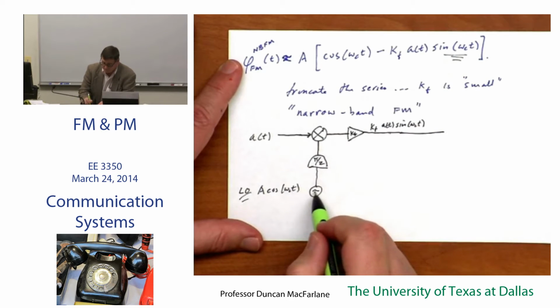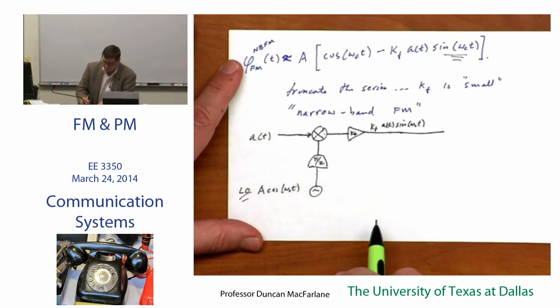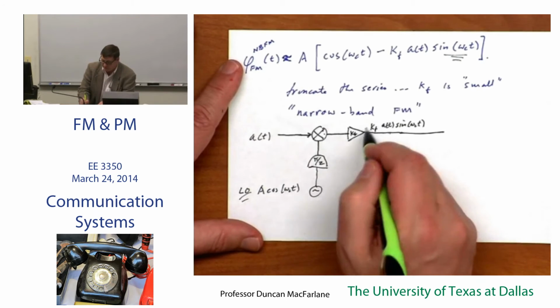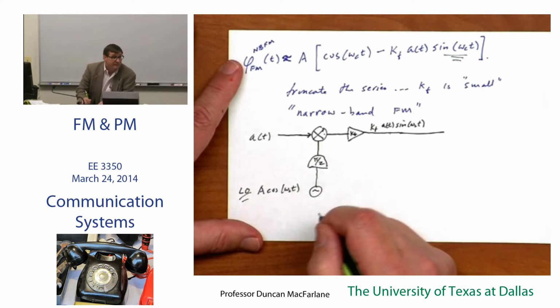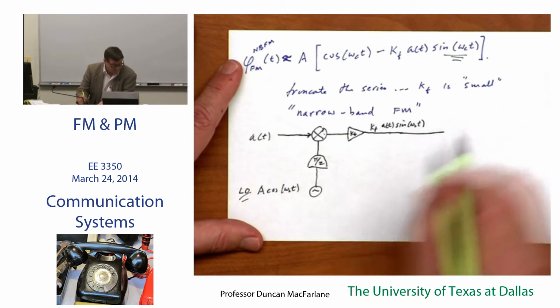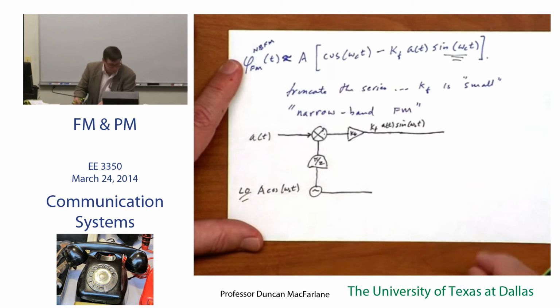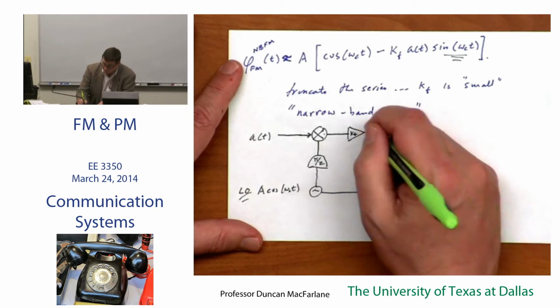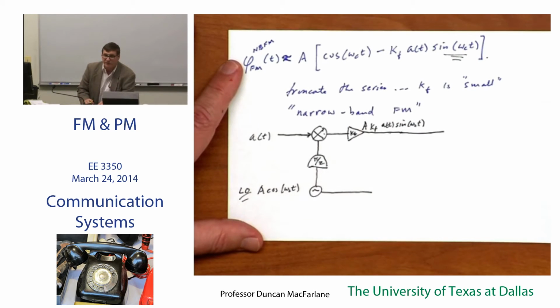Right? Start with a cosine, phase shift it, mix it. And if I do the phase shifting right, I can even get a minus sign in there if I want to. And then on this branch here, I've got a cosine. Actually, I even multiply that by a capital A, because I started with a certain strength of my oscillator.